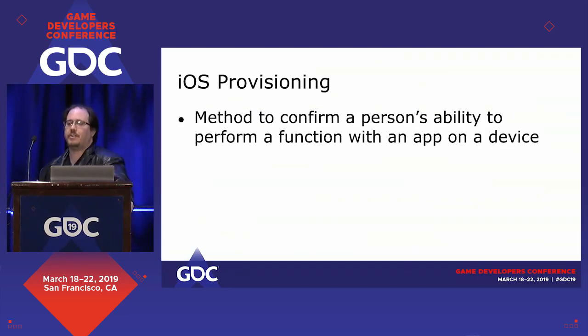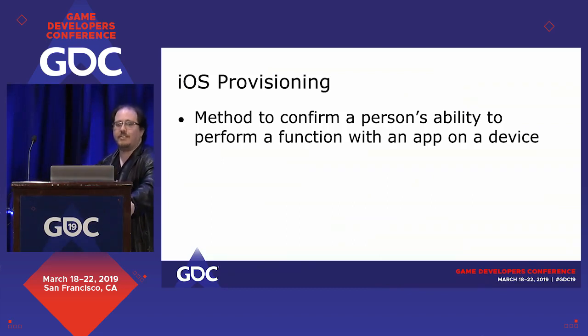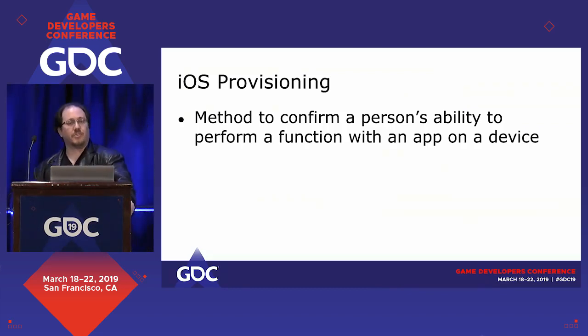It's a method where folks are using certificates, a portal, and provisioning profiles to indicate, hey, for this user holding this device with this application, they have a right to run it on their phone. And they also have a right to go ahead and access these services, such as in-app purchases or various other things that Apple is providing for their end users.